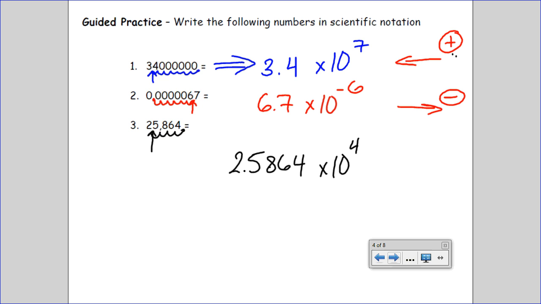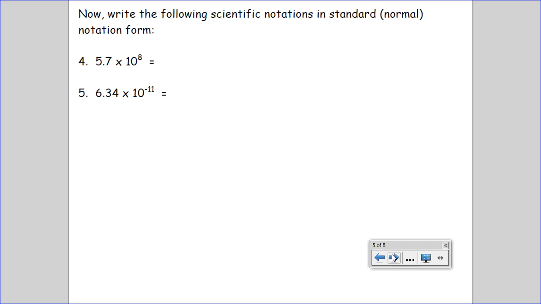Okay. So a little bit more practice. We're checking out. Write the following in standard form. This is when we take a number from scientific notation and turn it back into what it was. Okay, so 5.7 times 10 to the 8th. Well, times 10 to the 8th is a positive number, so we are going to have to be moving the decimal place to the right 8 places.